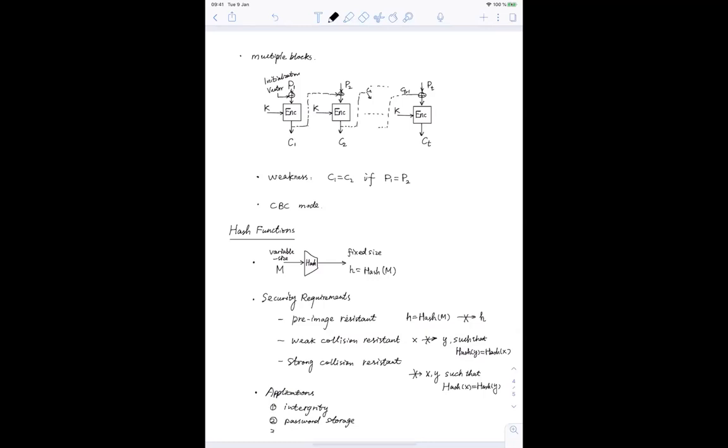And the third application is to generate keys used for encryption or used for message authentication codes. And the fourth application is to speed up the process of digital signatures.